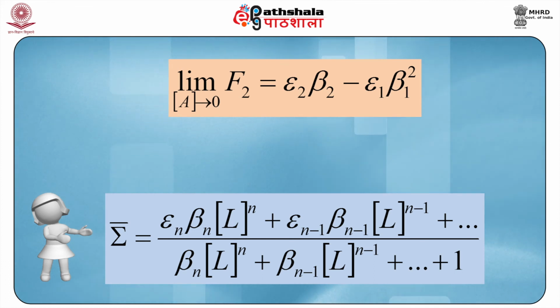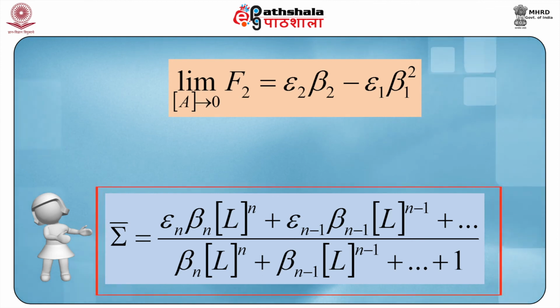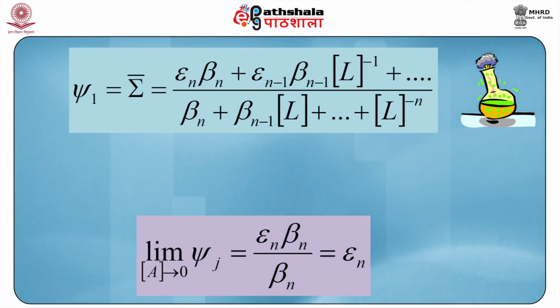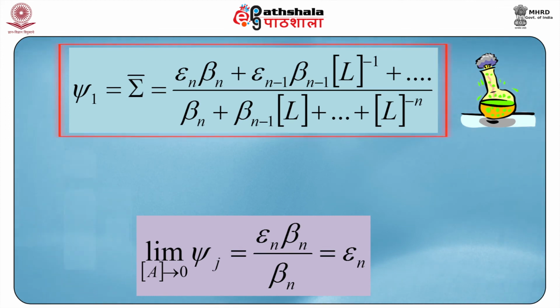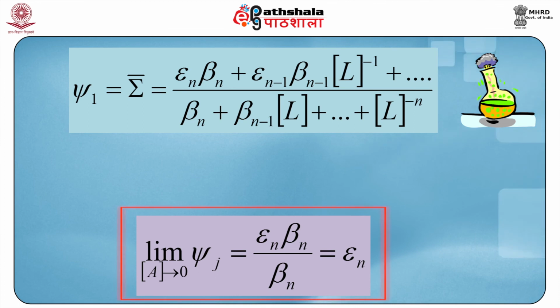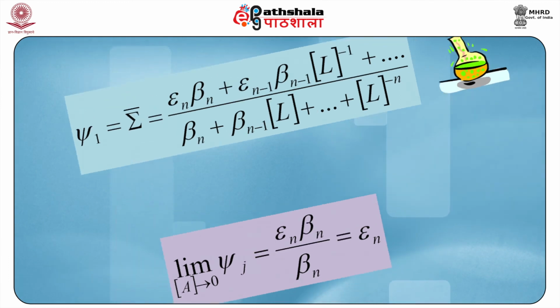Now, considering the reverse of it, which is represented as summation bar, it is shown by this equation. Dividing this equation by L raised to the power n, we arrive at a function represented as psi 1. Applying the limit to this function where concentration of A approaches 0, this is given by epsilon n.